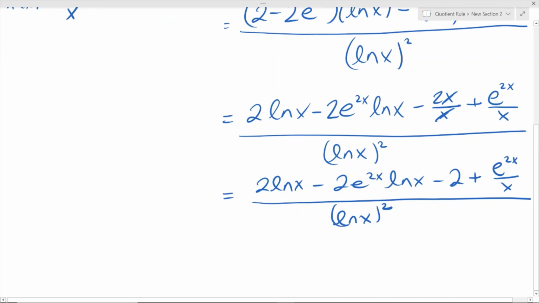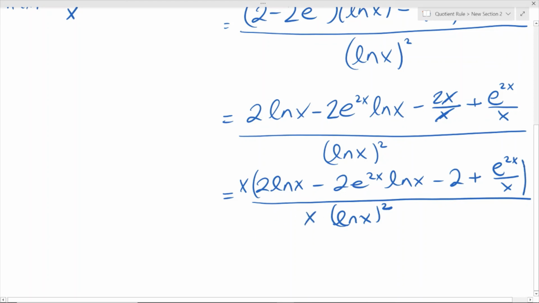Now, I see this over x, right? I think it would look better if I multiply all the terms by x, so multiplying basically the top by x and the bottom by x, like an equivalent fraction, okay? So I'm multiplying the whole thing here by x, and I'm multiplying the whole thing here by x, okay?